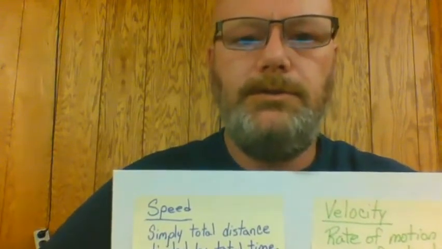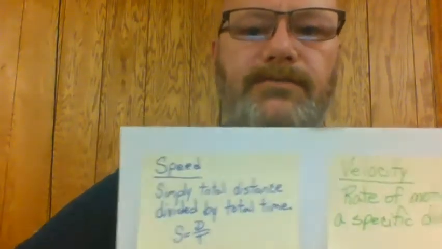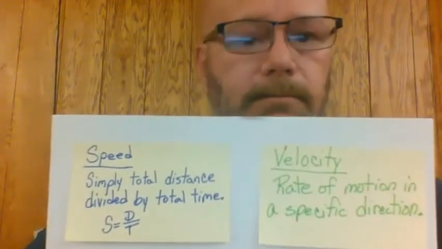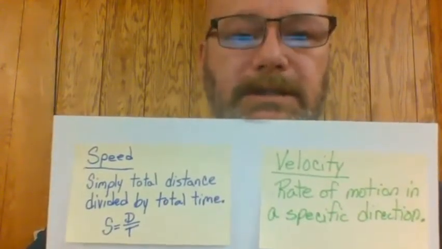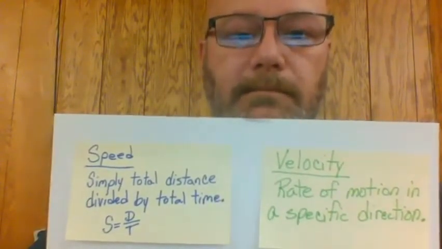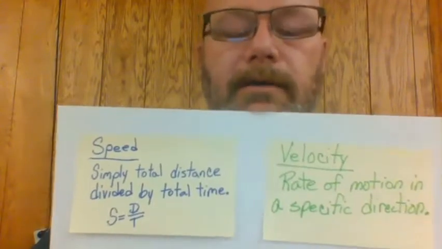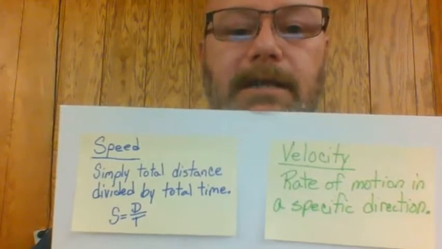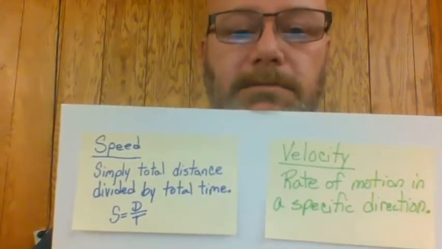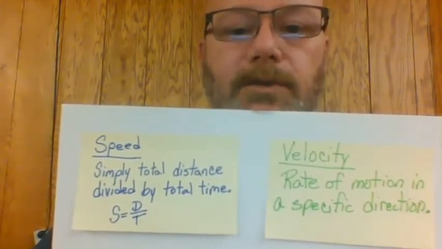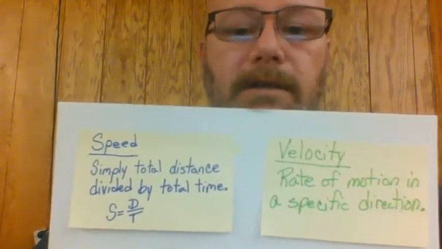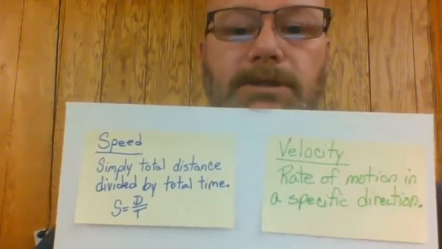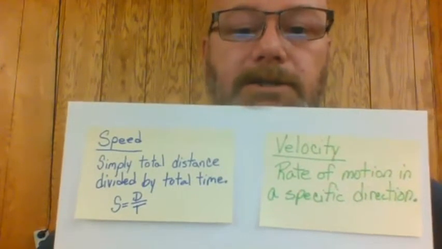Just to get through some definitions, speed is total distance divided by the total time. In a formula, we would say that S equals D over T, which is speed equals distance over time. Velocity is the rate of motion in a specific direction.